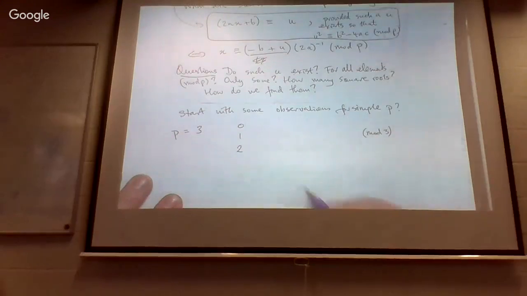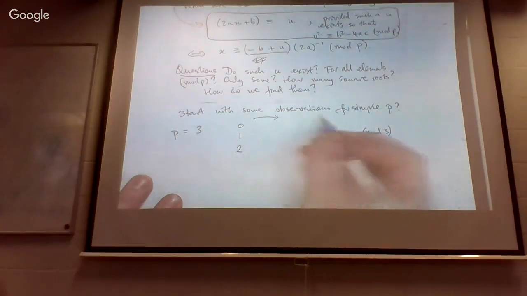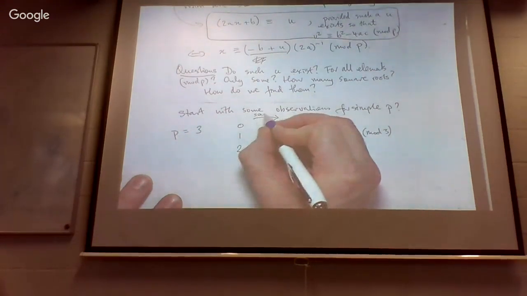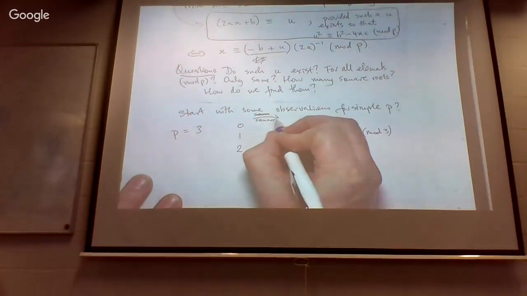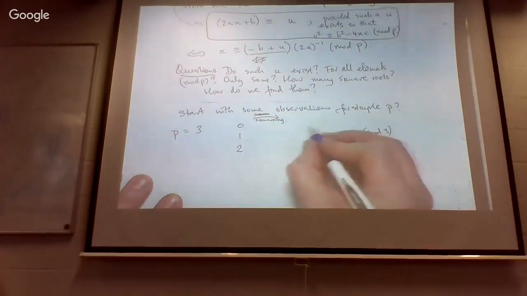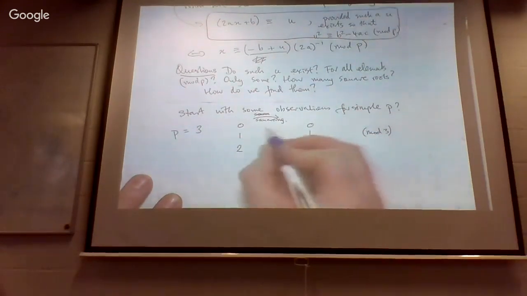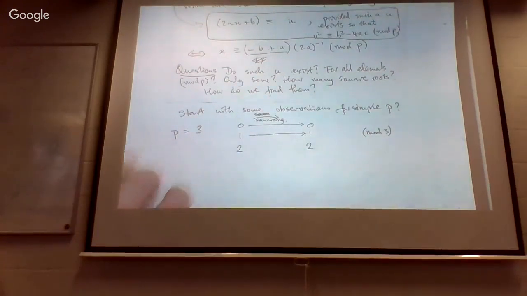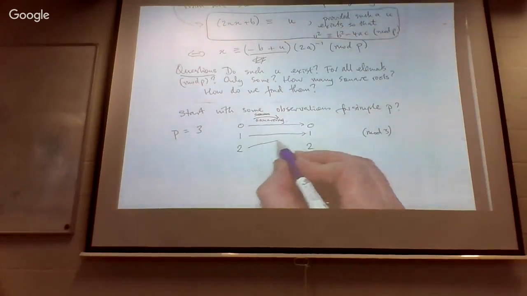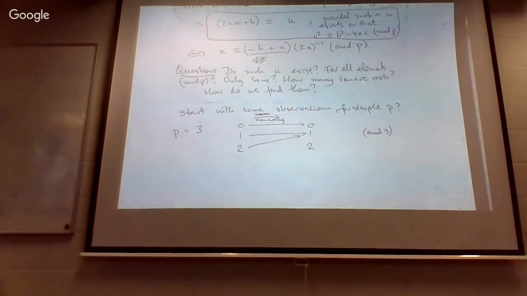If you're working modulo 3 and you consider the squaring map, so this is the map that takes an element and squares it. Well, you square 0, you get 0. Square 1, you get 1. Square 2, you get 4, which is congruent to 1 mod 3.